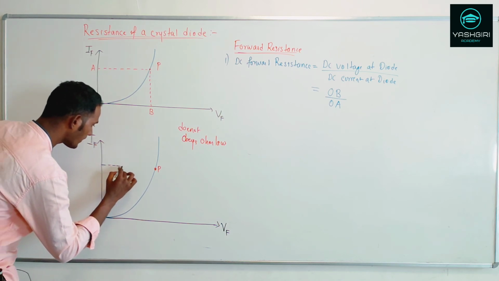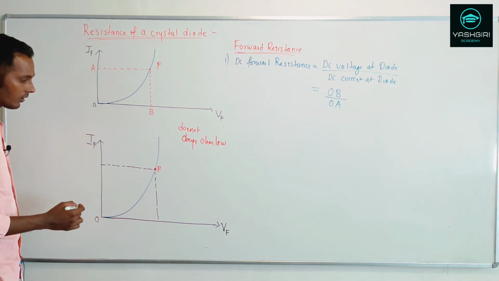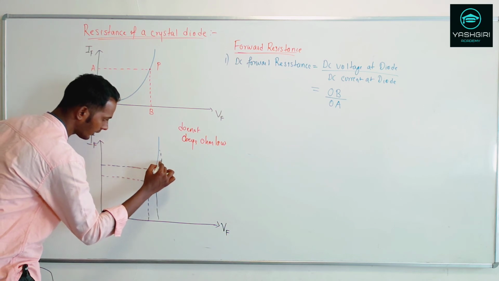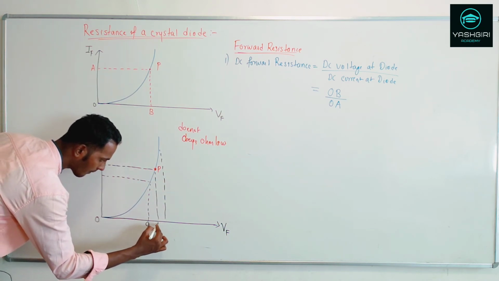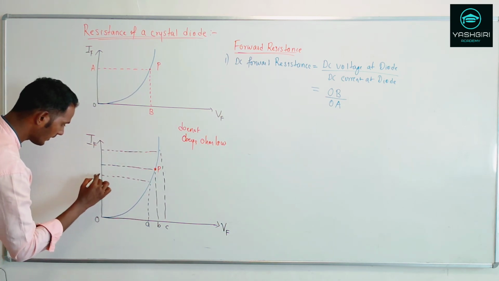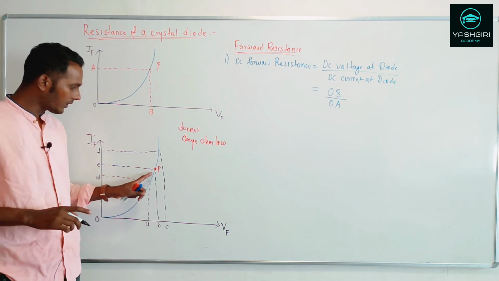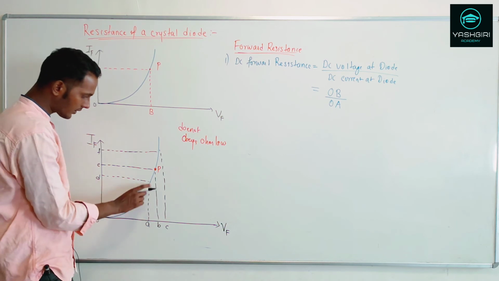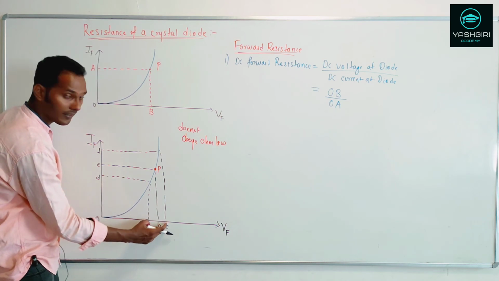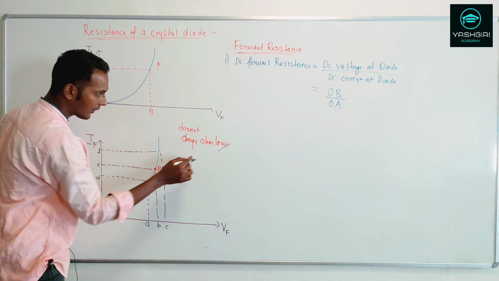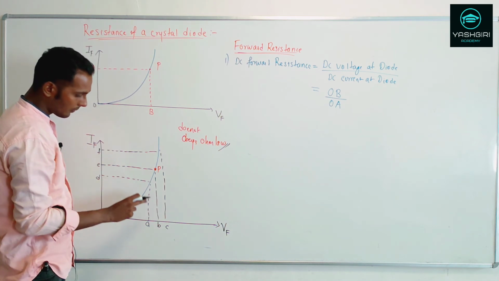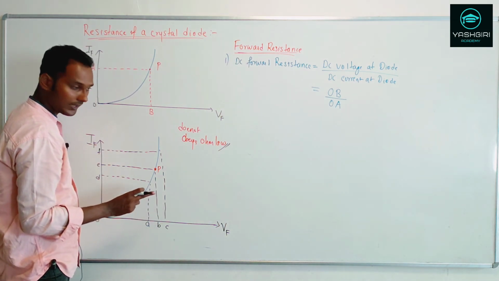Suppose this is my A, B, C, and D, E, F. If you vary the voltage just before and just after this operating point, this diode characteristic does not obey Ohm's law, so it will not give us a particular resistance value, because the resistance will change.